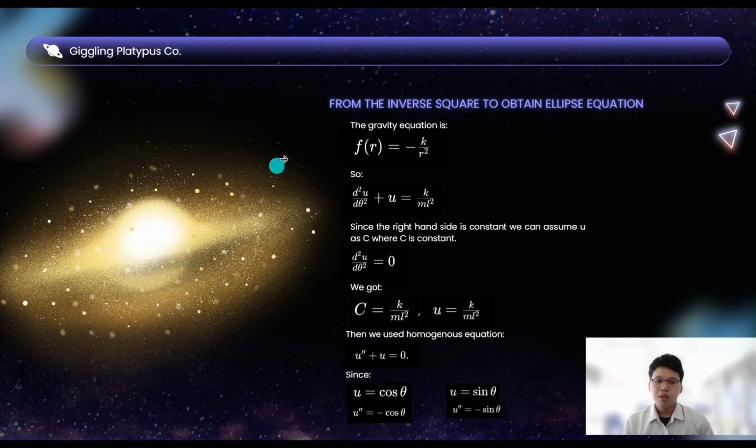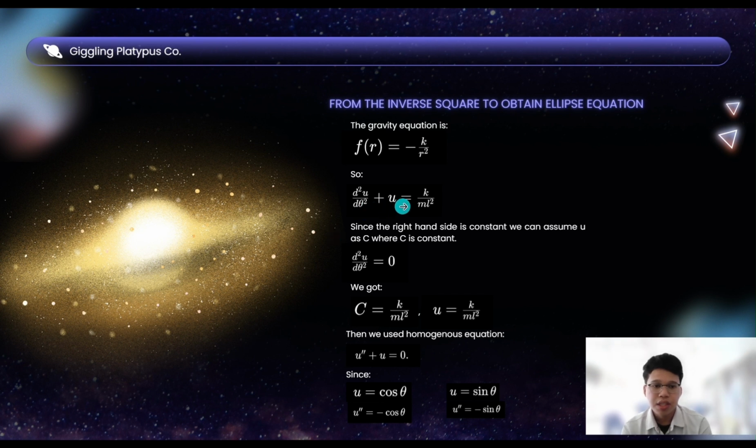So, from the inverse square law, we need to obtain the ellipse equation. We know that the gravity equation is F equal to negative k over r squared. So, from the previous equation, d squared u over d theta squared plus u is equal to k over m L squared.